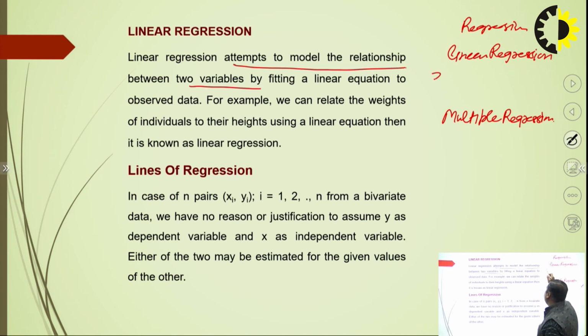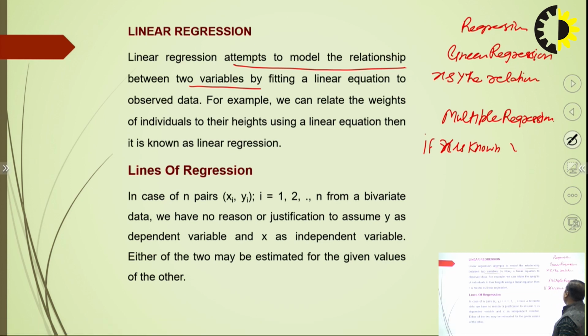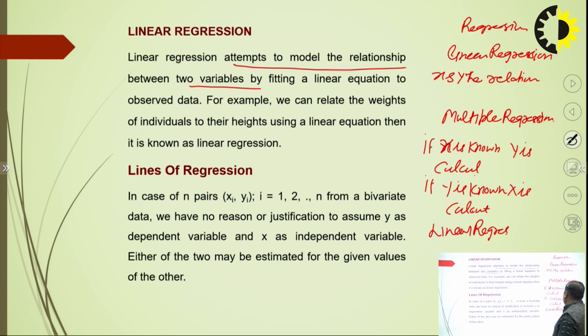If x and y are given, then we can relate them. If x is known, y is calculated. If y is known, x is calculated with the help of linear regression.